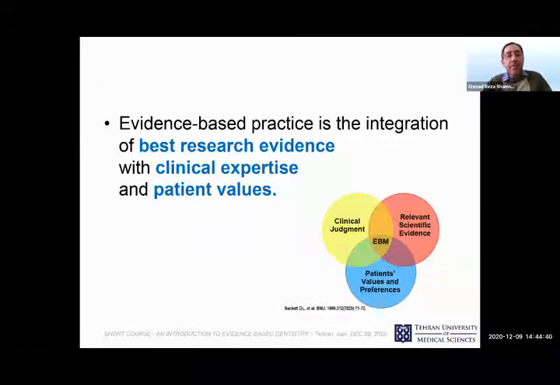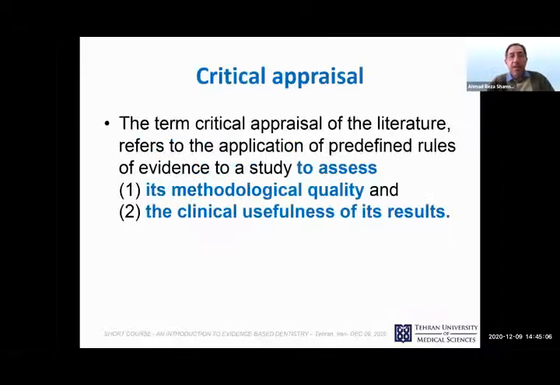So, as you know, for evidence-based practice or evidence-based dentistry, we have at least 5 steps: forming answerable questions, searching the evidence, and now we want to critically appraise our findings in the databases. So what's the meaning of critical appraisal?